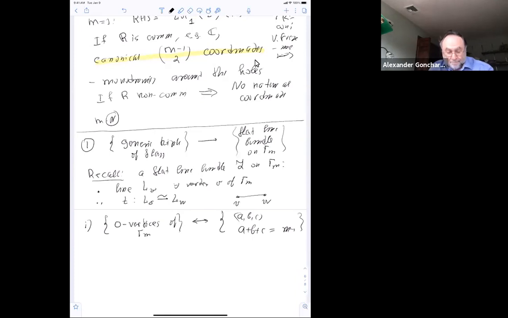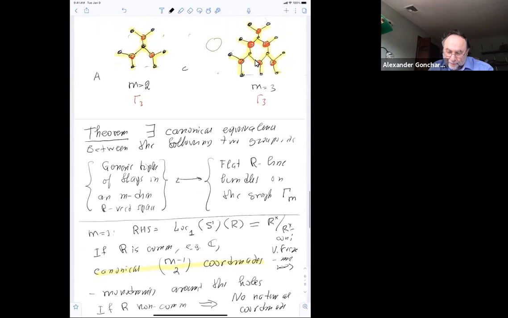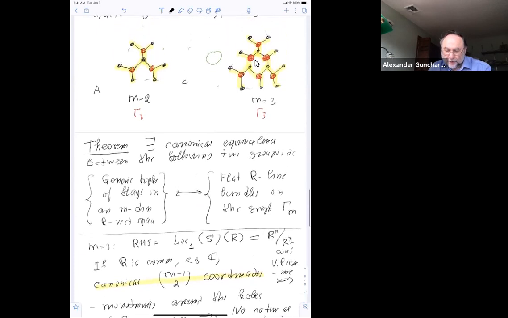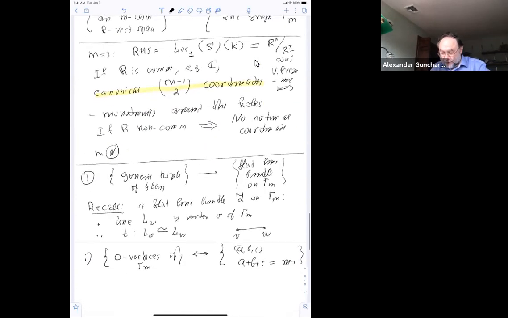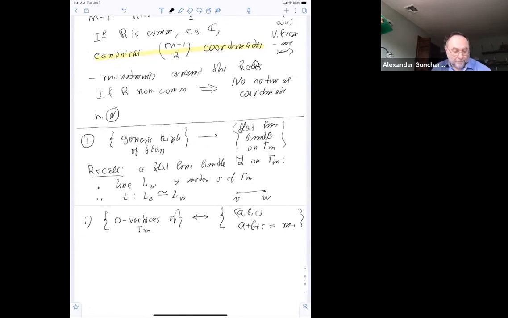So, for example, here you have 3 vertices, and they correspond to triples like 0, 1, 0, 0, 0, 1, and 1, 0, 0, and so on. So they are just solutions of this equation.